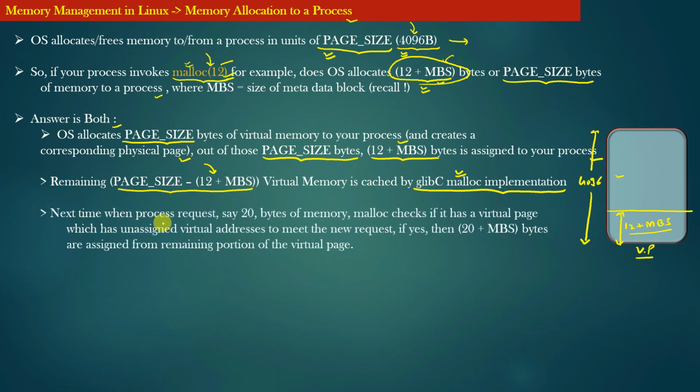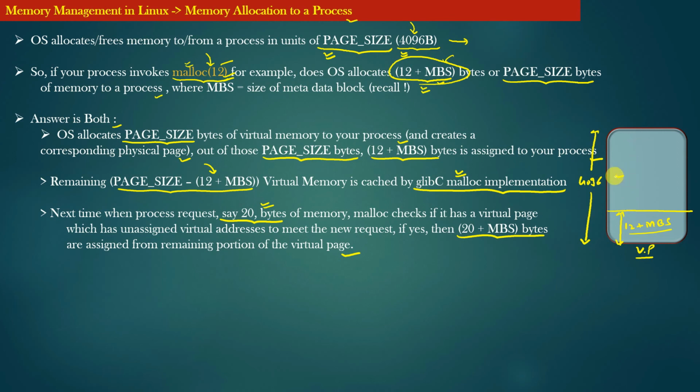Next time when a process requests more memory, say it invokes malloc 20, malloc checks if it has a virtual page which has unassigned virtual addresses to meet the new request. If yes, then the bytes are assigned from the remaining portion of the virtual page. So suppose the process invokes malloc 20. You can see that the malloc function still keeps track of this virtual page and finds that it still has a lot of space to be used.